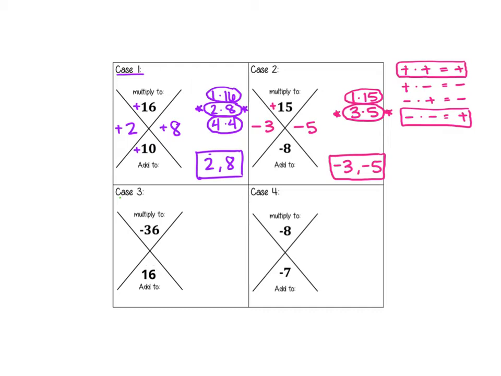Now, case number 3 and case number 4 both have a negative number on the top. So to multiply to a negative number, we said it either has to be a positive times a negative or a negative times a positive. So for sure, I need 1 positive number and 1 negative number. It doesn't really matter which order they're in. I'm going to put the positive first and then the negative.